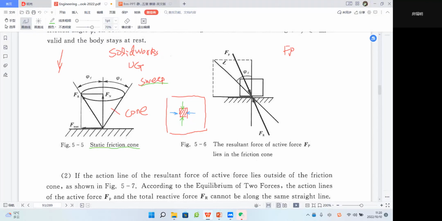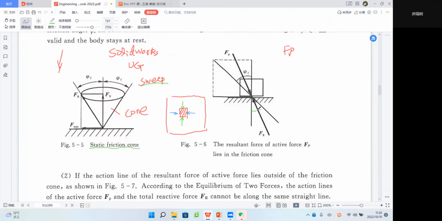That means if we have a positive force or active force whose action line is in the cone, then we only need FR to have the same magnitude, opposite direction, and be collinear with FP. Then these two forces, FR being the total reactive force and FP, will offset each other. So it will be in the state of balance.